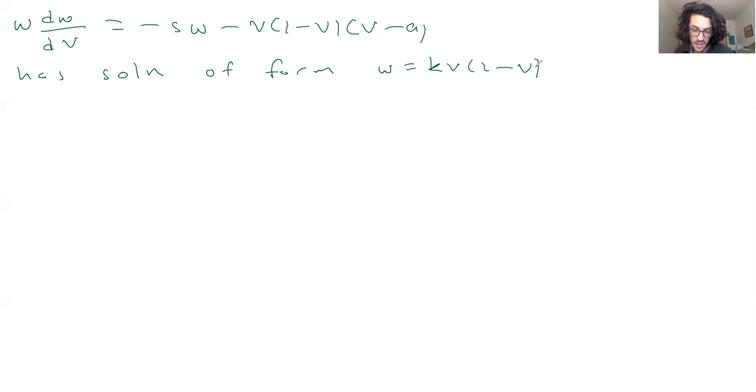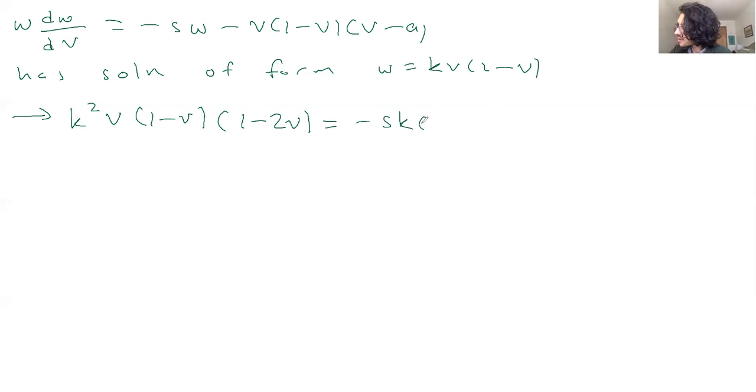If I differentiate that solution and I multiply it through by itself, I should get k squared v(1 minus v)(1 minus 2v) equals now my right-hand side, which is minus sk v(1 minus v) plus v(1 minus v)(a minus v), okay?